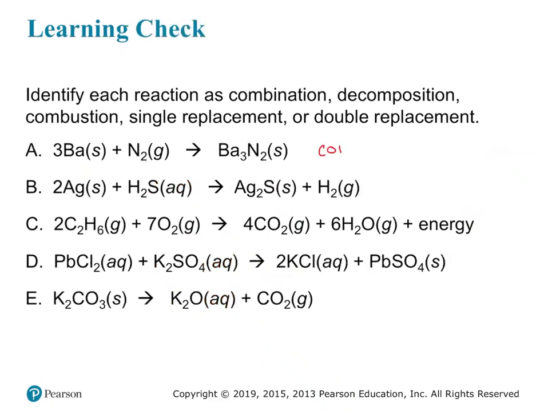A combination reaction. What about B? We have silver, Ag, reacting with hydrosulfuric acid, H2S, and that's producing two products where we have Ag2S and hydrogen.